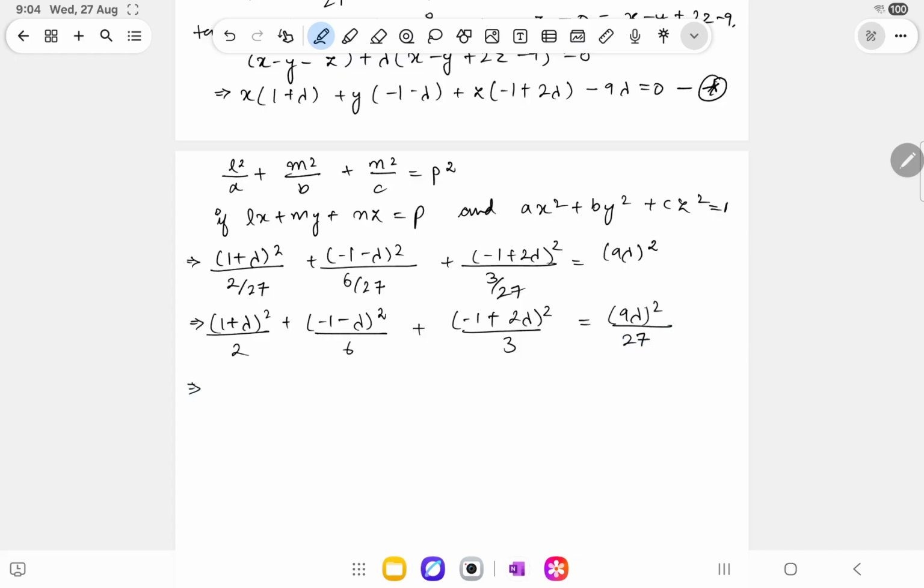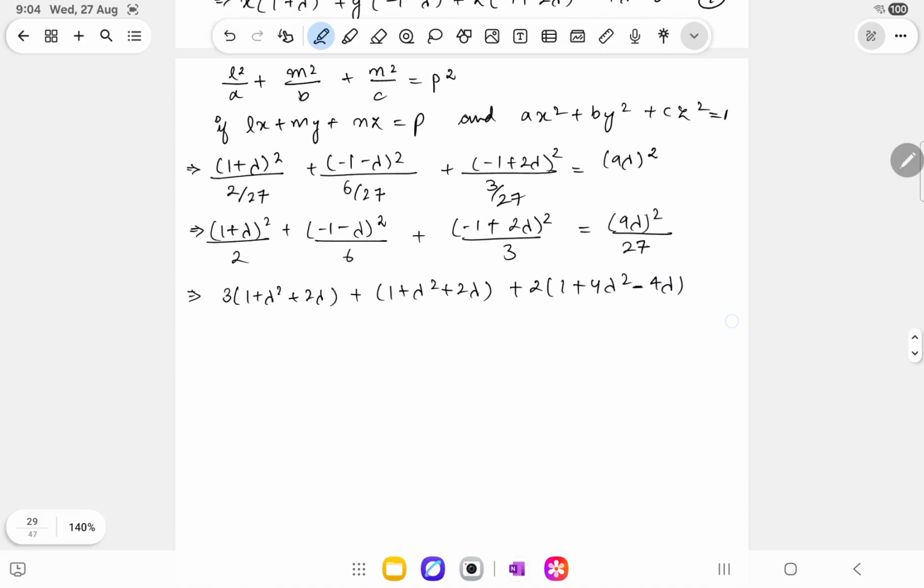We can take 6 as LCM on the left hand side, so I'll get 3 into 1 plus lambda square plus 2 lambda plus 1 plus lambda square plus 2 lambda plus 2 into 1 plus 4 lambda square minus 4 lambda is equal to 9 square is 81 divided by 27 is basically 3 lambda square into 6.